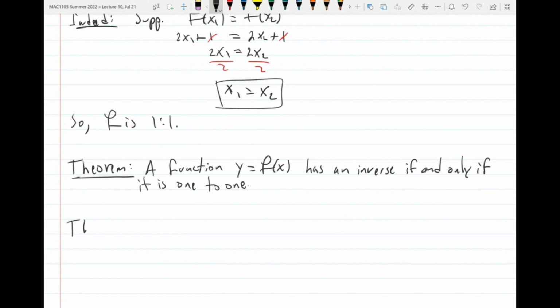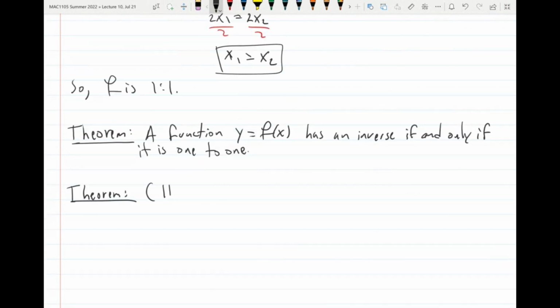So this is another theorem. This is called the horizontal line test.